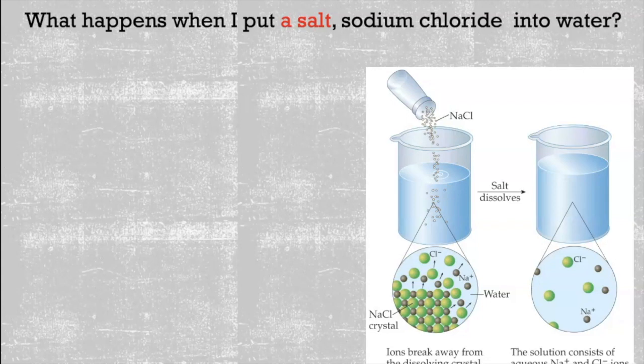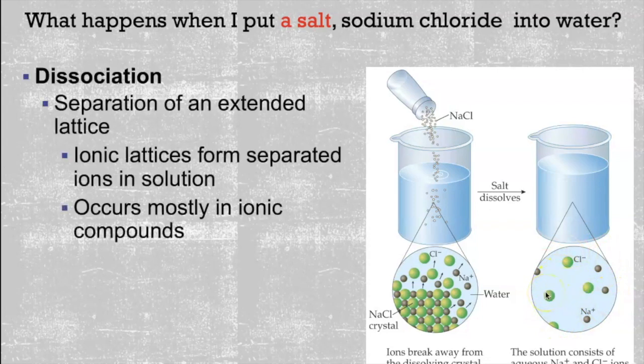What's actually happening is that the ions are breaking away from the crystals, as we can see here in the picture in the larger circle. The chloride ions are separating from the sodium ions, and they end up very far spaced out, where water is in between. So what do we refer to as dissociation?